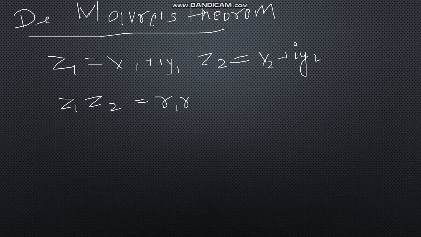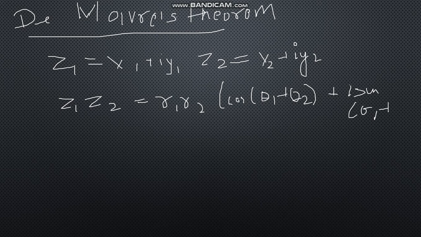Now we write them in polar form, that is z1 is r1 (cos theta 1 plus iota sin theta 1). Similarly, z2 in polar form is r2 (cos theta 2 plus iota sin theta 2).